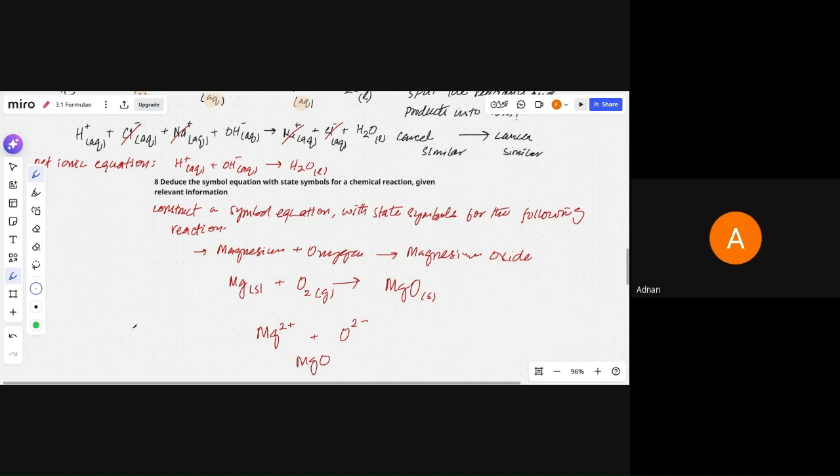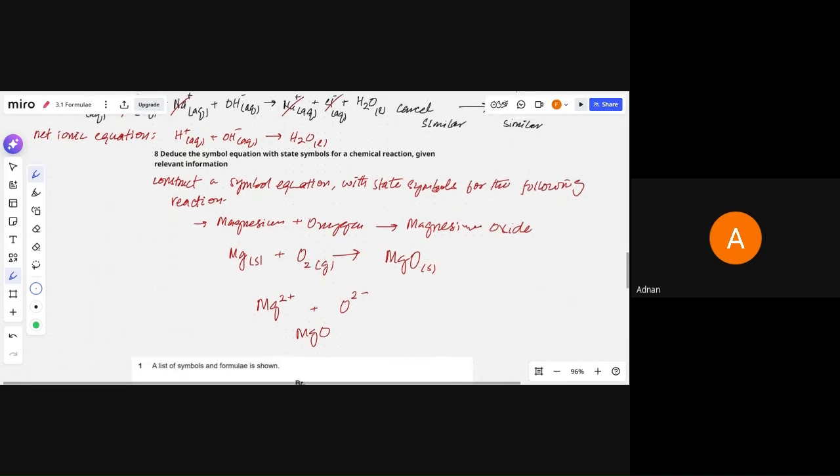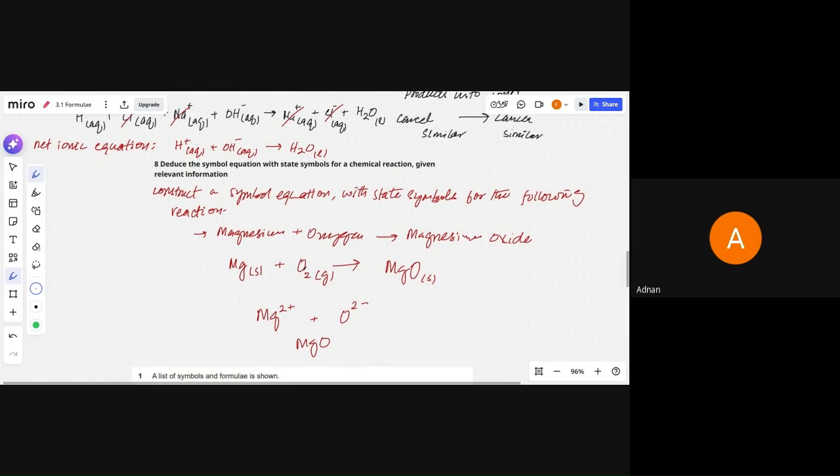Yeah, so I guess that's it. So this is how you balance. Okay, now to balance this equation, we have 2 oxygens on the left and 1 on the right. So I put 2 here, which will balance the oxygen, making it 2. Remember that you cannot change the small numbers at the bottom right.